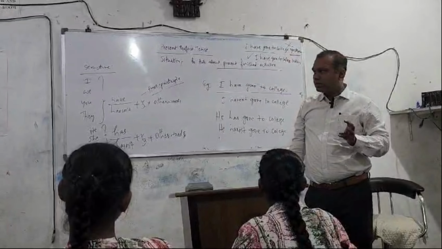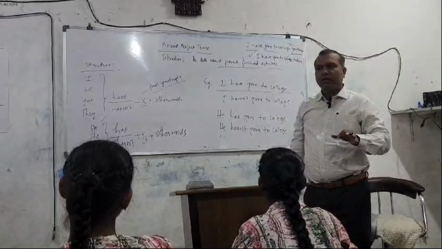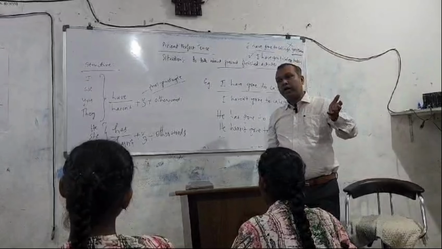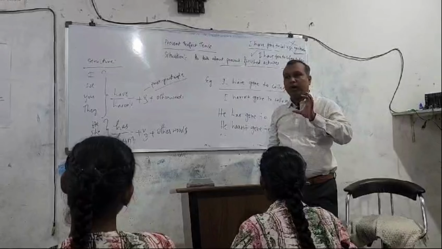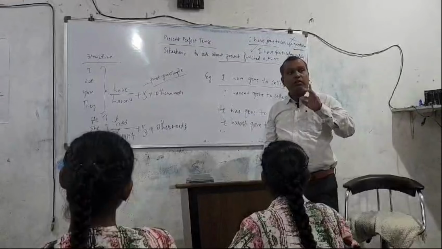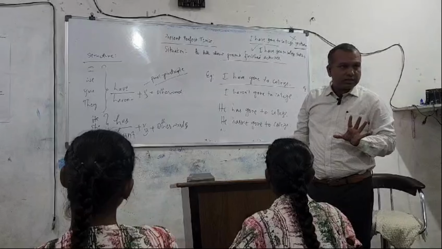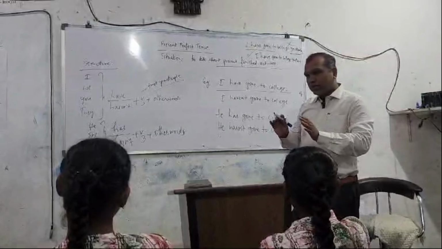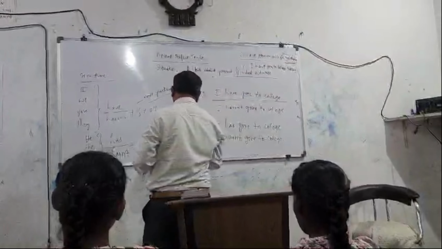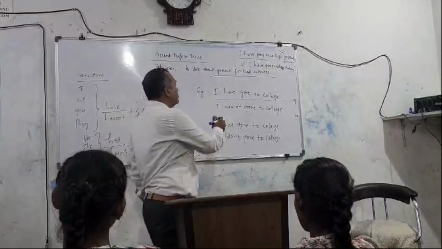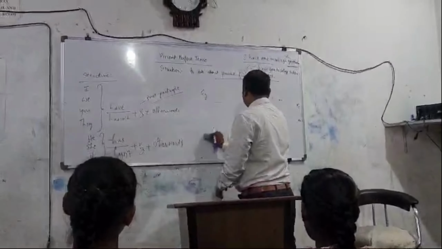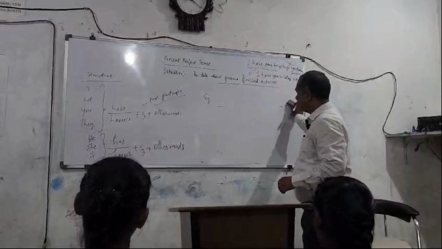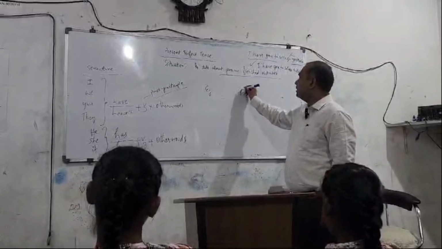Yesterday, last month, last year, last week, 2 days back, these kinds of past time words cannot be used with have and has. But you can use other time words. For example, now I write here, recently.